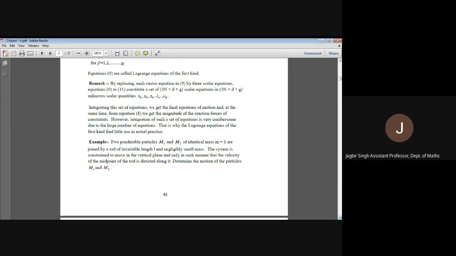The system is constrained to move in a vertical plane only, in such a manner that the velocity of the midpoint of the rod is directed along it. We have to find out the motion.